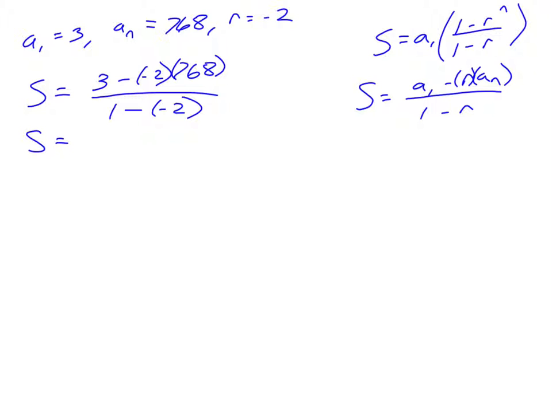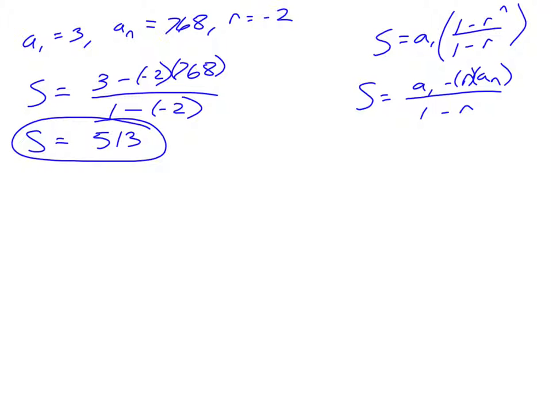I'm going to do control divide, 3 minus -2 times 768, and the bottom is just 3. So I press enter and we end up with 513.